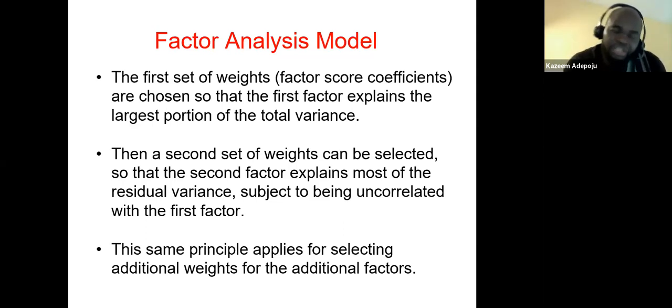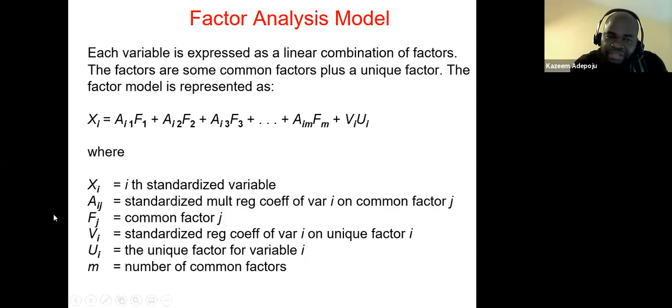The variance of the first principal component is believed to be the highest. Also, in factor analysis, the first set of weights will be chosen so that the first factor will explain the largest portion of the total variance. If you take a look at what I have right here, this is the first factor, this is the second factor, and so on like that.